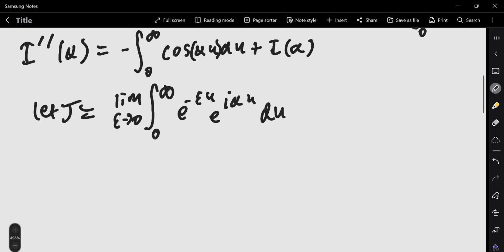Right? So it's a standard damping trick to make oscillatory integrals behave. So this term becomes 1 over e to the minus i alpha, I think.